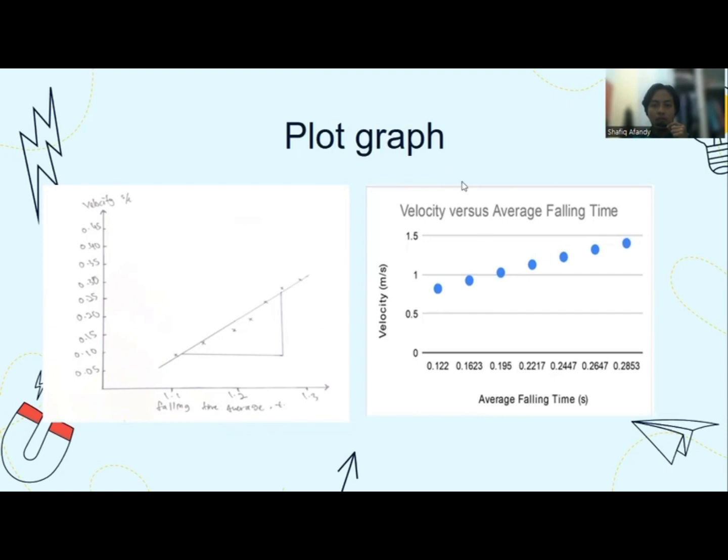Okay, for the gradient, I used handwritten and not Excel. For the graph, velocity is on the y-axis, and the falling time average is on the x-axis.